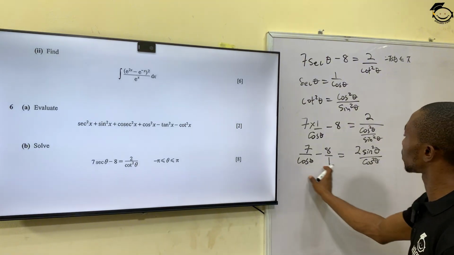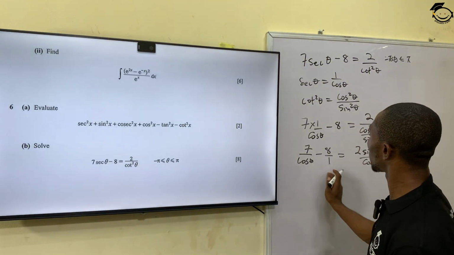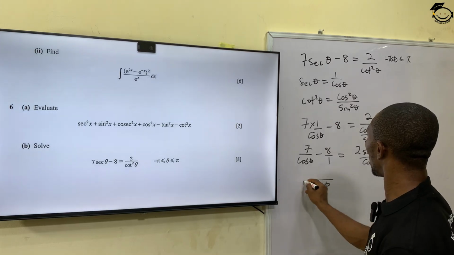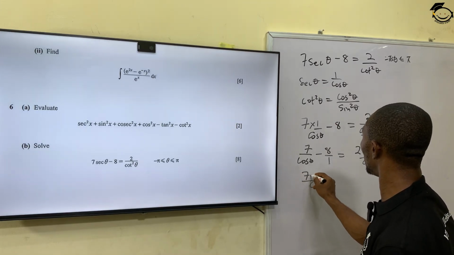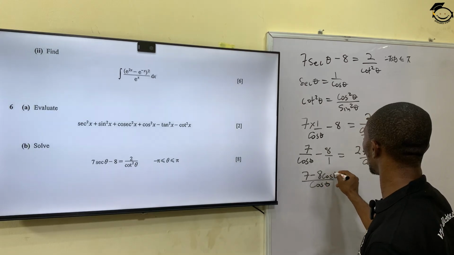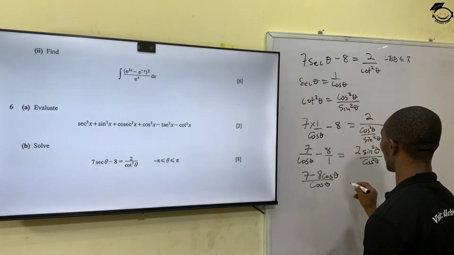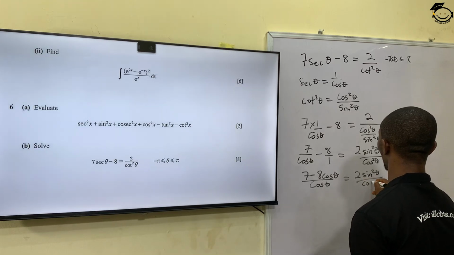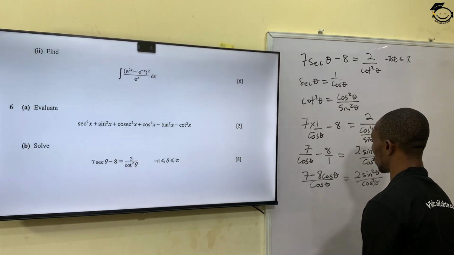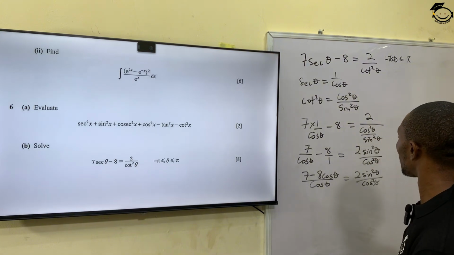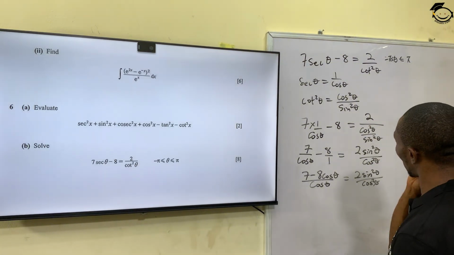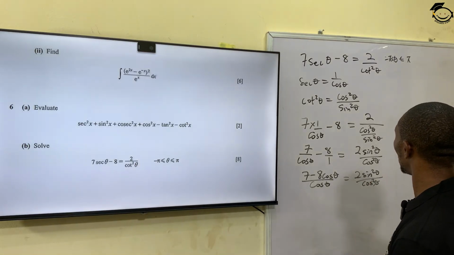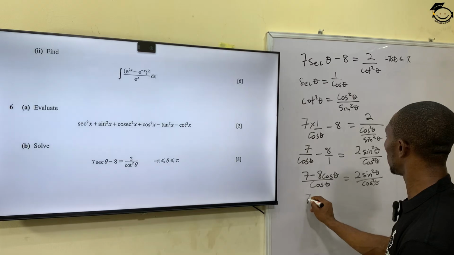All right, so if we expand this, this will give us cos theta all over 7 minus 8 cos theta, okay, equals 2 sine squared theta over cos squared theta. All right, now cross multiplying or cancelling out will give us 7.